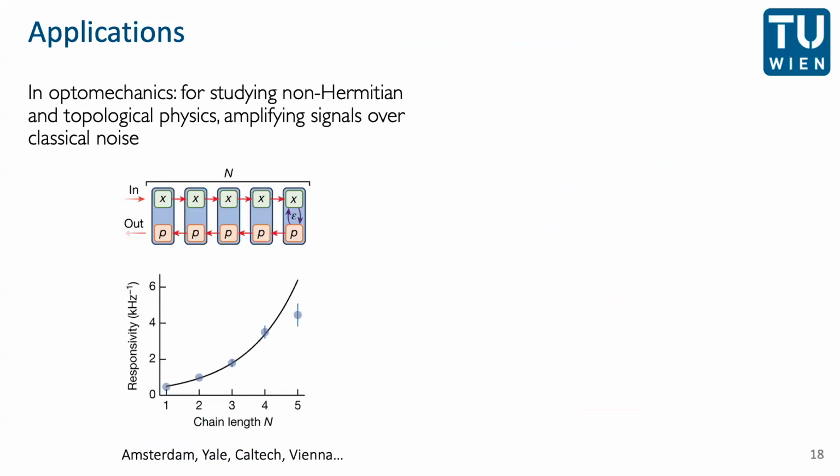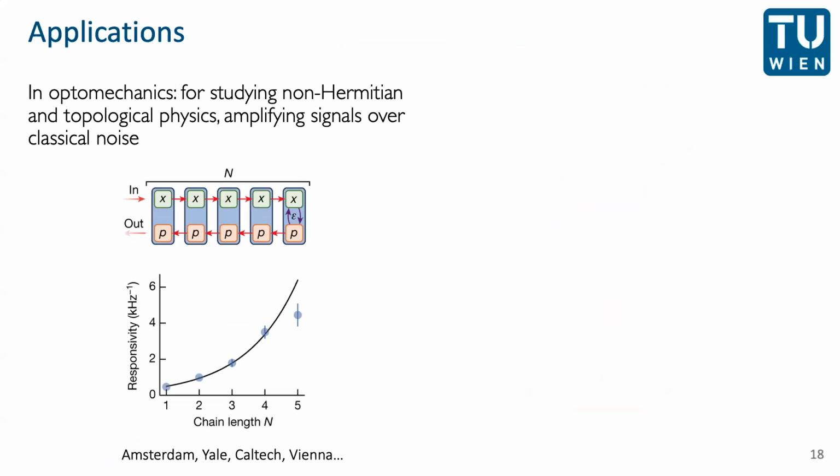Some of the applications in recent years in experiments have been in optomechanics, for example, for studying non-Hermitian and topological physics, so amplifying signals over classical noise. So in an experiment from the Verhagen group in Amsterdam, they add more modes, and they are able to do something called quadrature non-reciprocity.